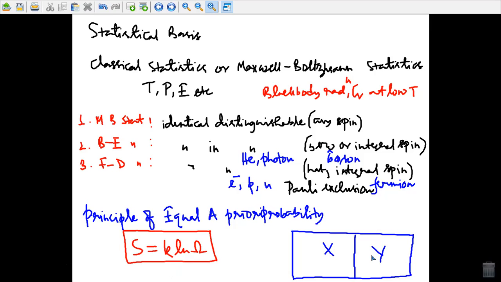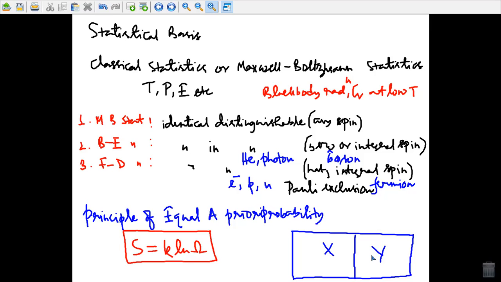So this principle of assuming equal probability for events which are equally likely to occur is known as the principle of equal a priori probability. This is a very striking and most zeroth order law, I would say, in discussing statistical mechanics. A priori means something which exists in our mind prior to and independently of the observations we are going to make.